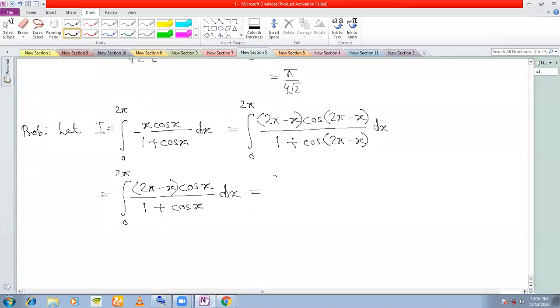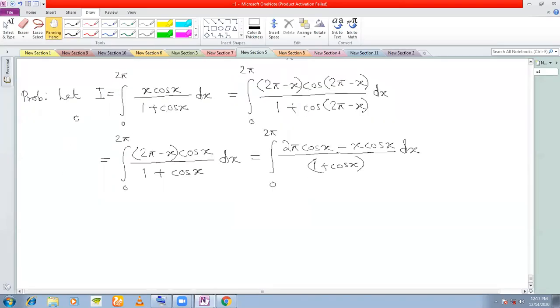Now what happens? You separate the integral 0 to 2 pi, 2 pi minus x, cos x divided by 1 plus cos x dx. That means now you can split this integral into two parts.